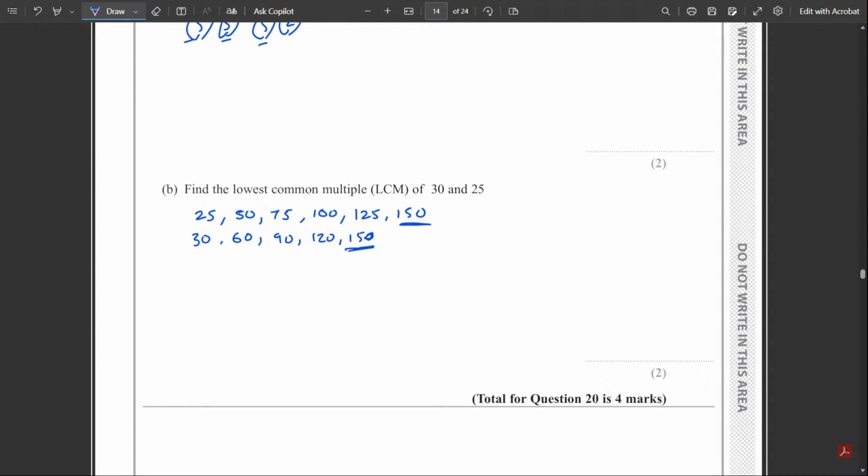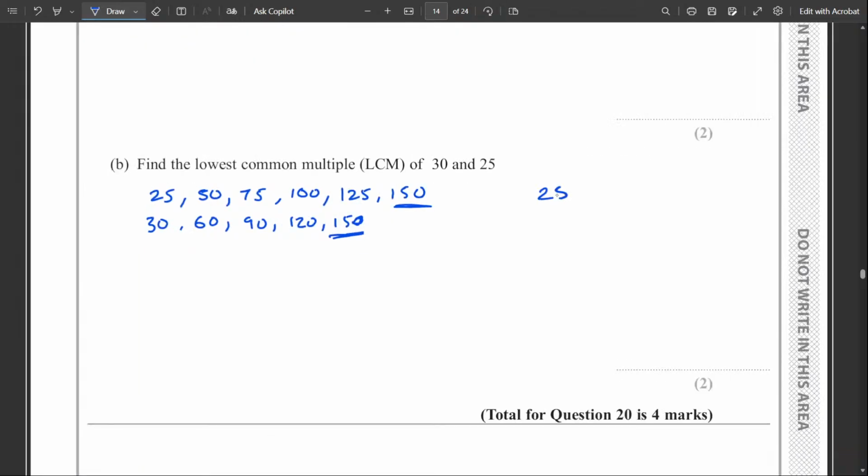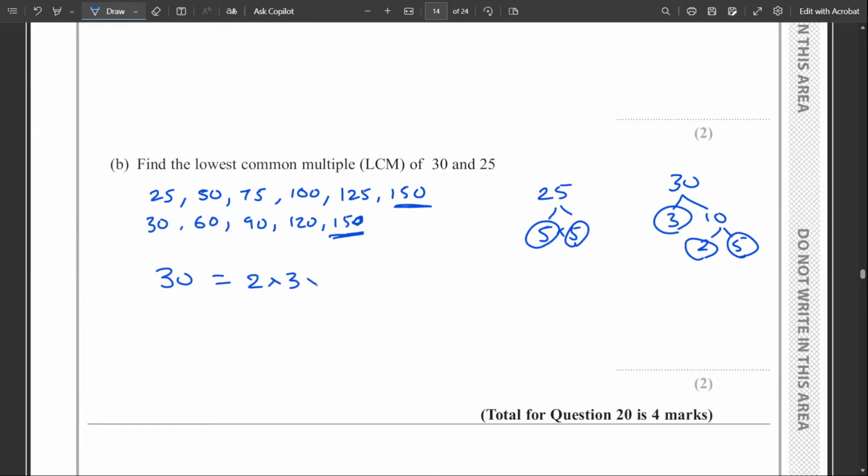But remember, you can write down factors of 25, which is 5 times 5, and factors of 30, which is 3 times 10, and 5 times 2. So I can make 30 with 2 times 3 times 5, and I can make 25 by doing 5 times 5.